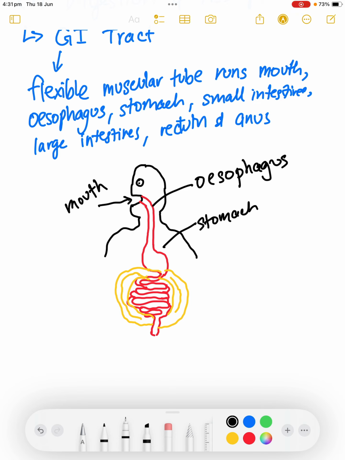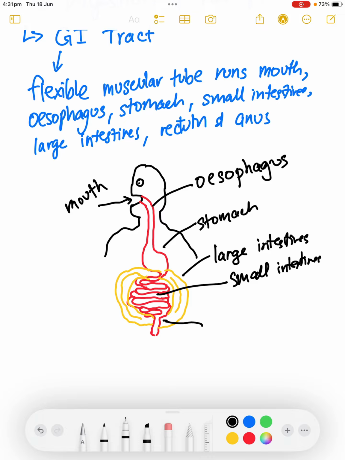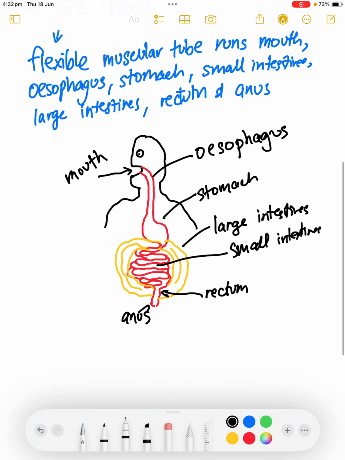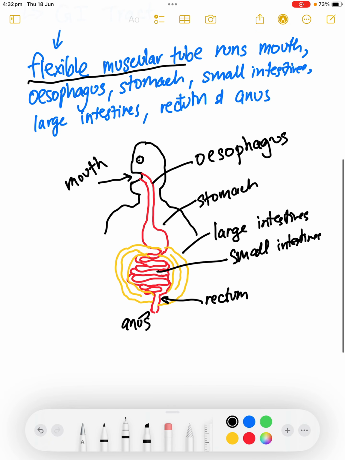And we'll have the large intestines, small intestines, rectum, and anus down here as well. Okay, and the GI tract is a part of all of that, and it's flexible, as I said, flexible muscular tubing that makes that up as well.